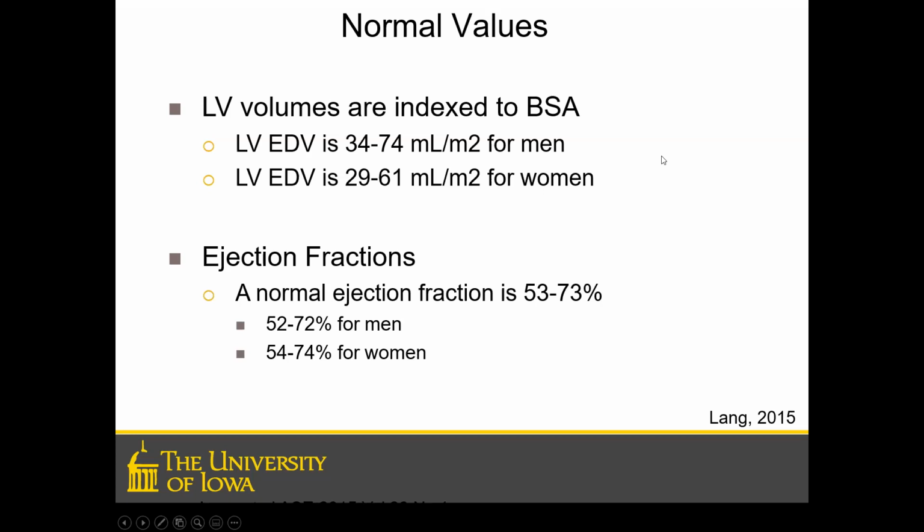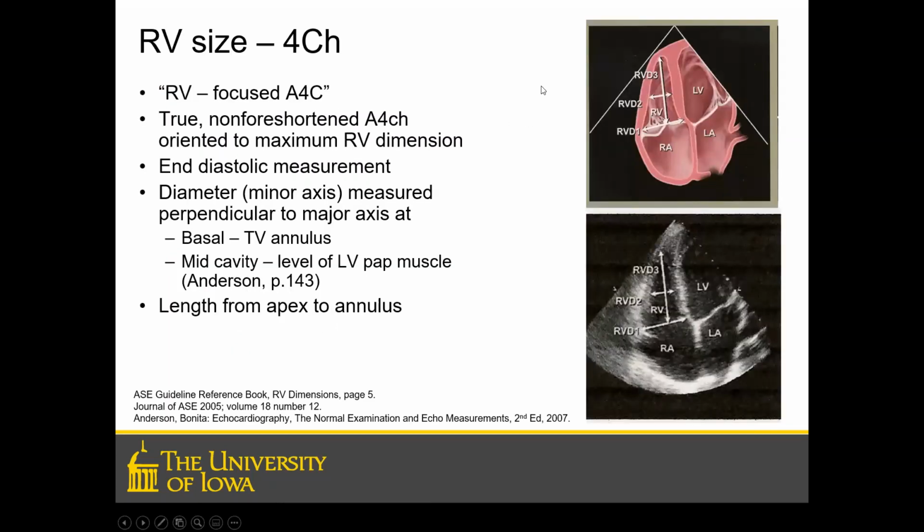Okay, so about LV volumes and ejection fraction, LV volumes are indexed to BSA. You can look up the numbers yourself and you probably already know them. I have them listed here, and then ejection fractions as well. Now to move on to the RV side, the RV measurements are more challenging to get.